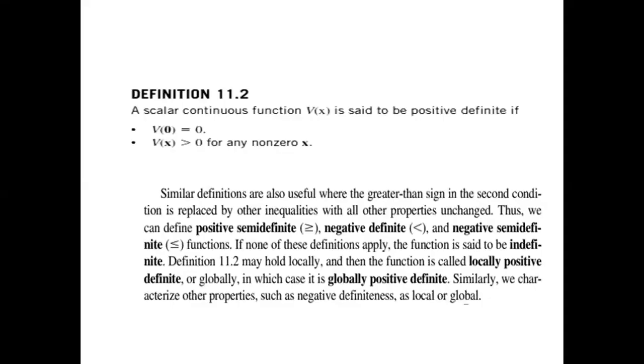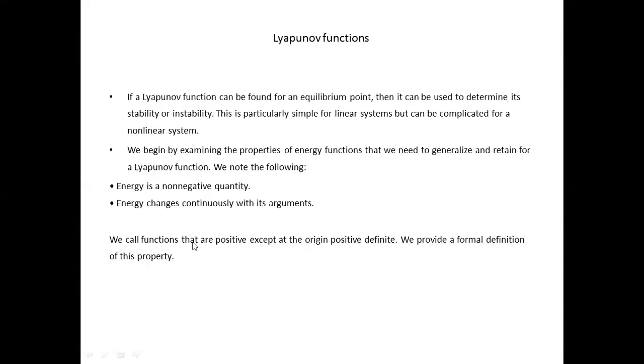See, a scalar function V of x, we can choose any name, but this is the general nomenclature. A scalar function V of x is said to be positive definite if V of 0 equals 0 and V of x is greater than 0 for any non-zero x. See in the previous slide, we call functions that are positive for any value of the parameter except at the origin positive definite.